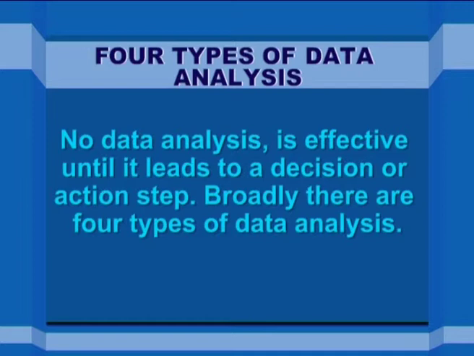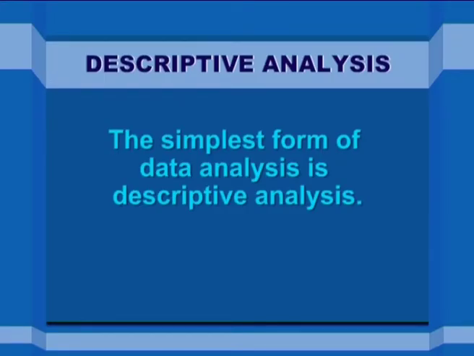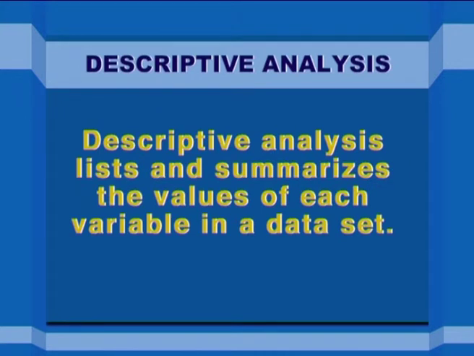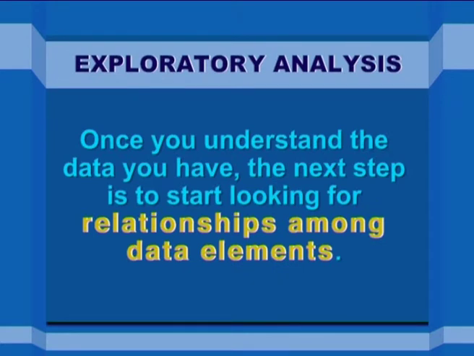Broadly, there are 4 types of data analysis. Number 1, descriptive analysis. The simplest form of data analysis is this. Descriptive analysis lists and summarizes the value of each variable in a data set. Second type is exploratory analysis. Once you understand the data you have, the next step is to start looking for relationships among data elements.